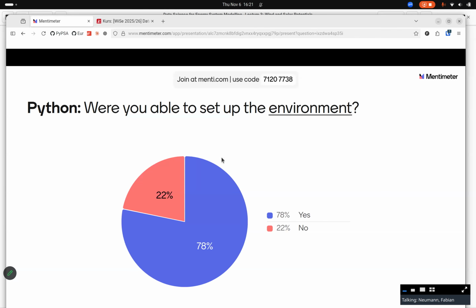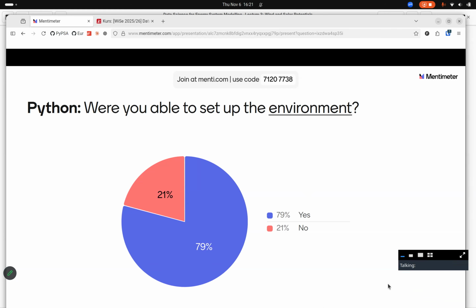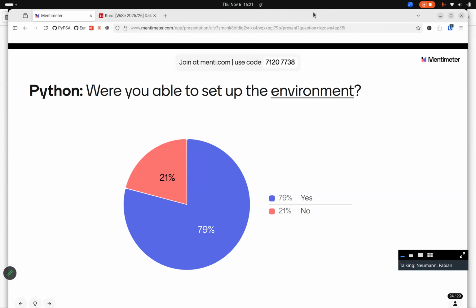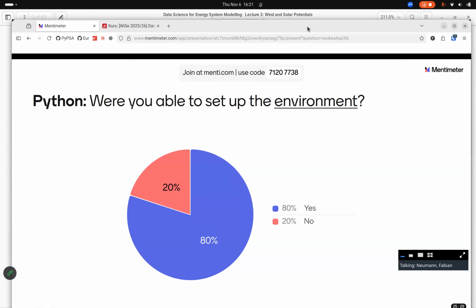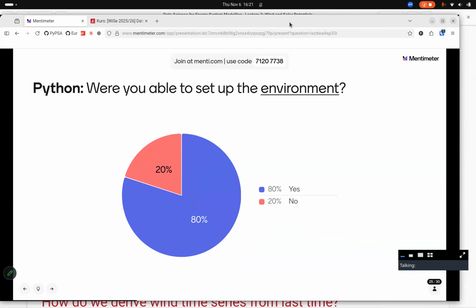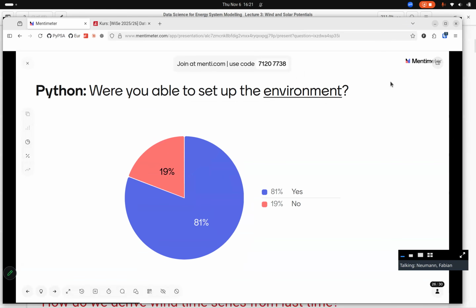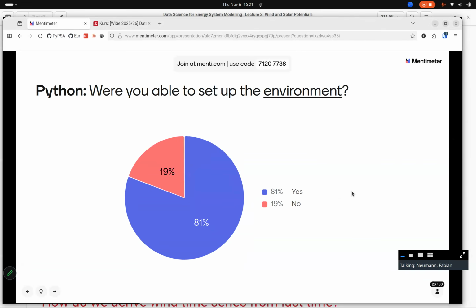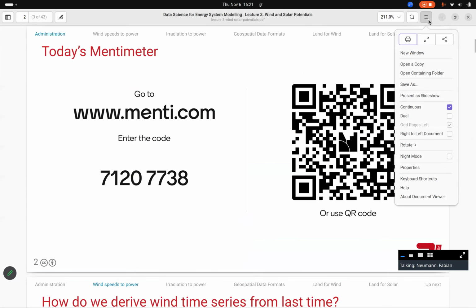Try to keep the one-on-one emails to a minimum, because often many people have the same problems, and then it's easier for me to pool that in the ISIS forum. But I would say that looks quite good, although I would like this to be 100%, of course. Okay, good. But the good thing is that 30 of you already entered this Mentimeter, which we're going to use later on today.